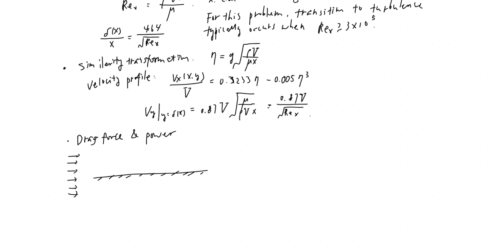So we know that the force is stress multiplied by area. Now we have on the plate a shear stress of τ_yx. If you integrate the shear stress over the entire plate, you will get the drag force. Now, if you think about it, you have flow everywhere, not just on the top of the plate.